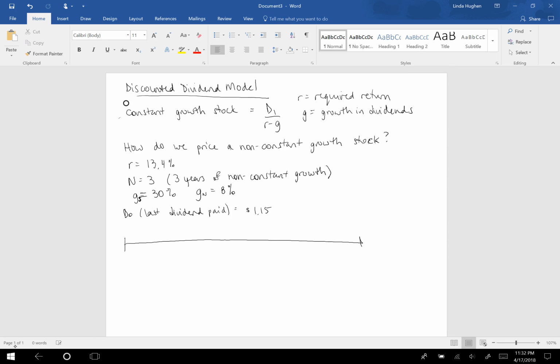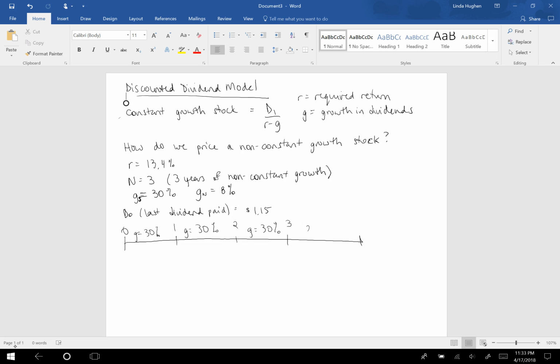Let's draw our timeline. We have 3 years of supernormal growth. So here our G is 30%, our G is 30%, and our G is 30%.